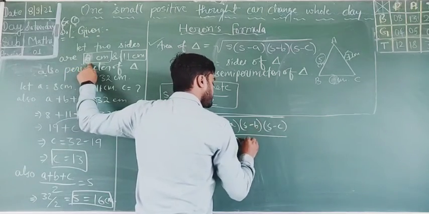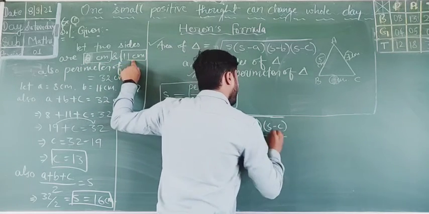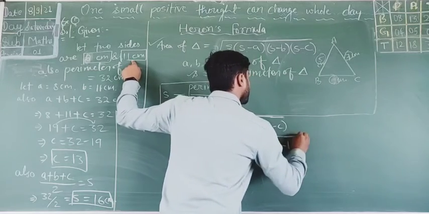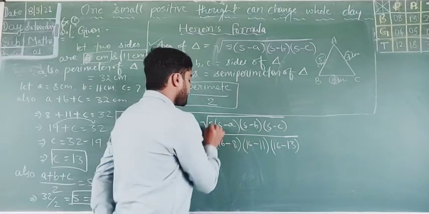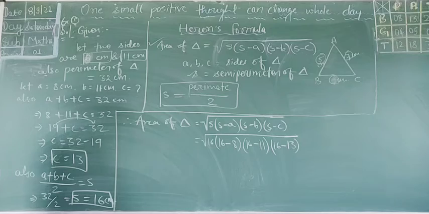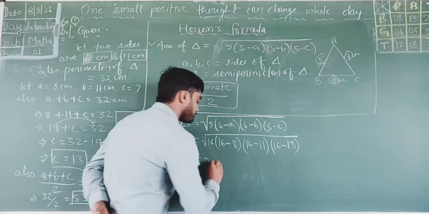The value of b is 11 centimeter and the value of c is 13 centimeter. So I put all the given values as a, b and c. In place of s, 16, and in place of a, b, c, 8, 11 and 13, I am telling you. Now find the values.